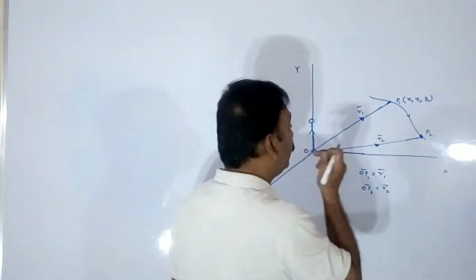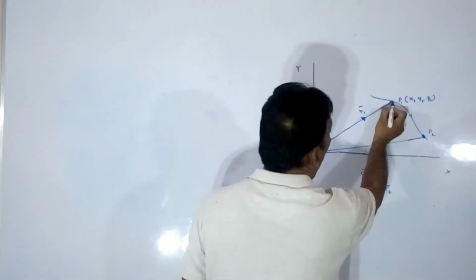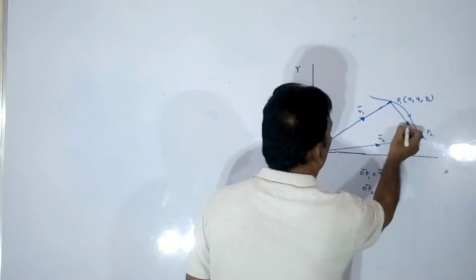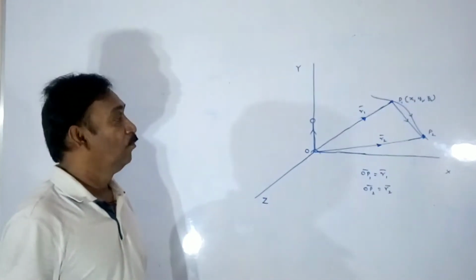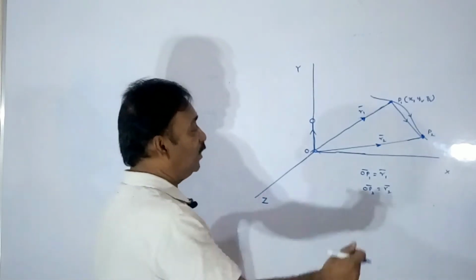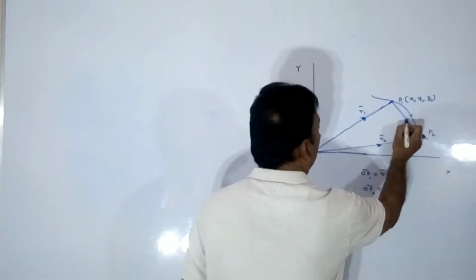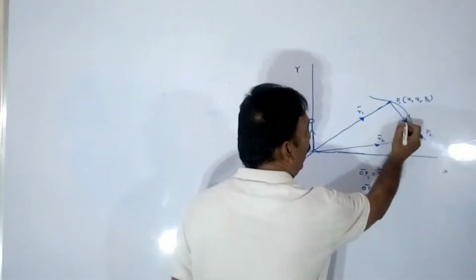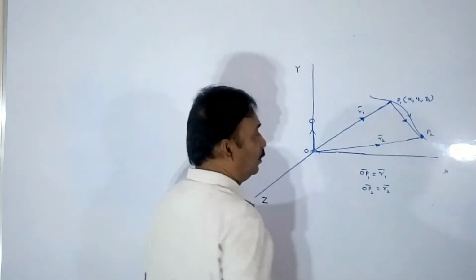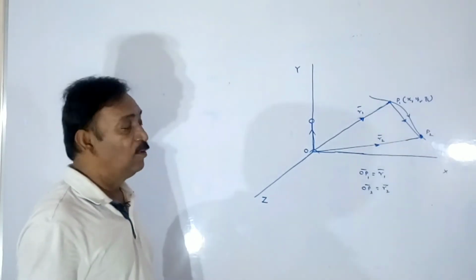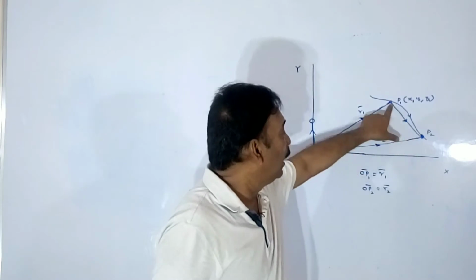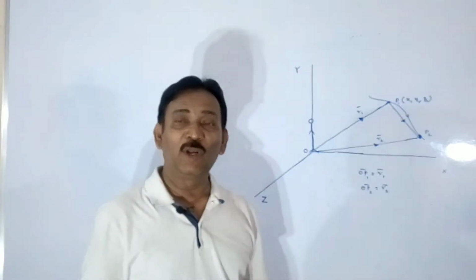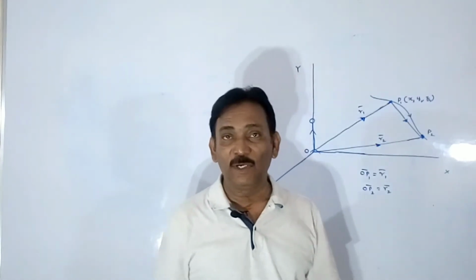Now see what I am doing. I am joining the 2 points. If you watch it carefully, it is the initial position of the particle and it is the final position of the particle. If you watch keenly, you will observe it is the path of the particle along a straight line. I think you are understanding now what I am trying to tell.